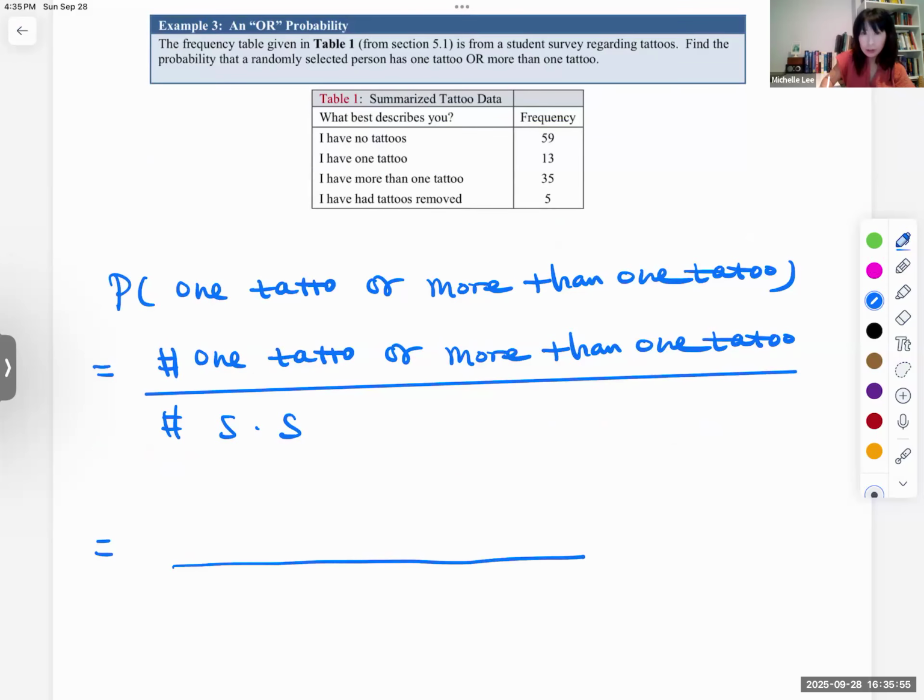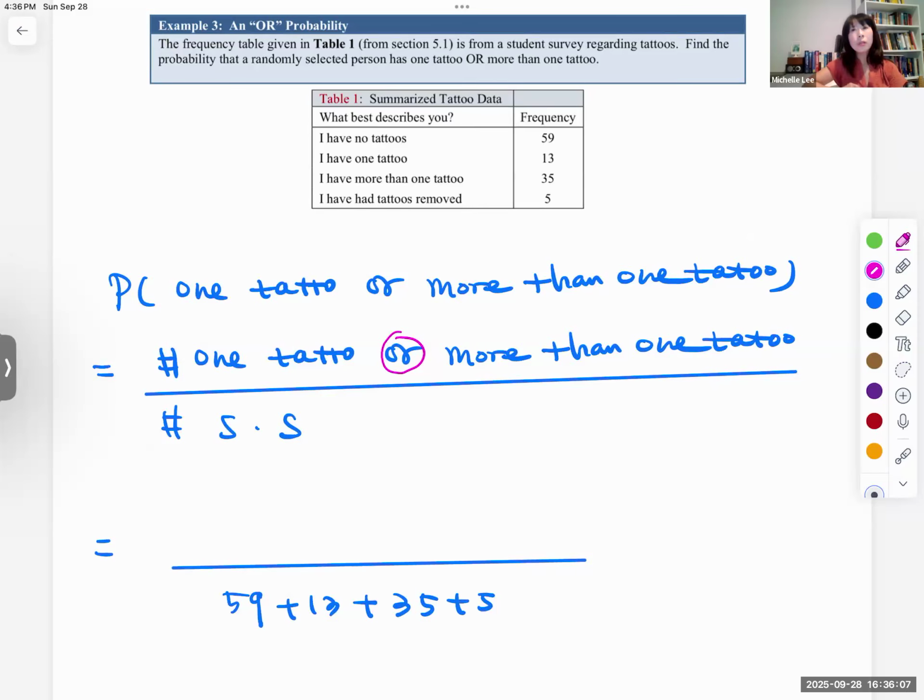There will be 59 plus 13 plus 35 plus 5. How about or? We have or. How do you do it? Yeah, we just add them, right? Could be one tattoo or more than one tattoo. So we add them. So we will get 13 plus 35.